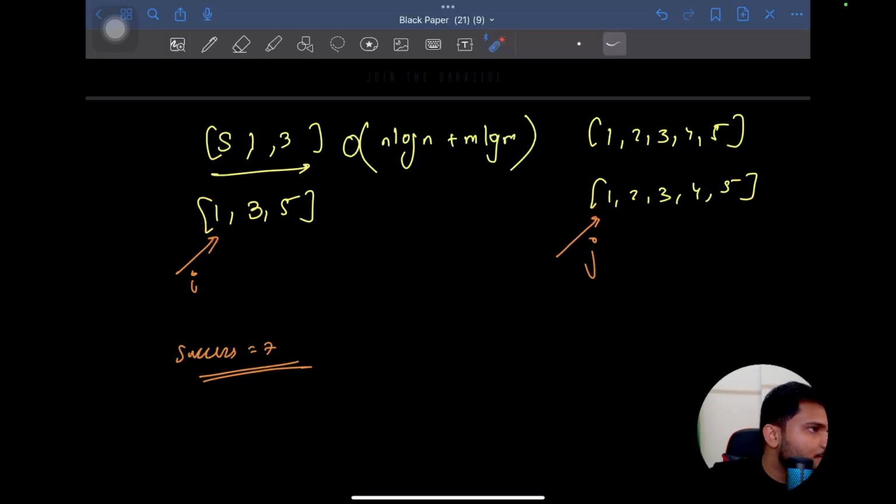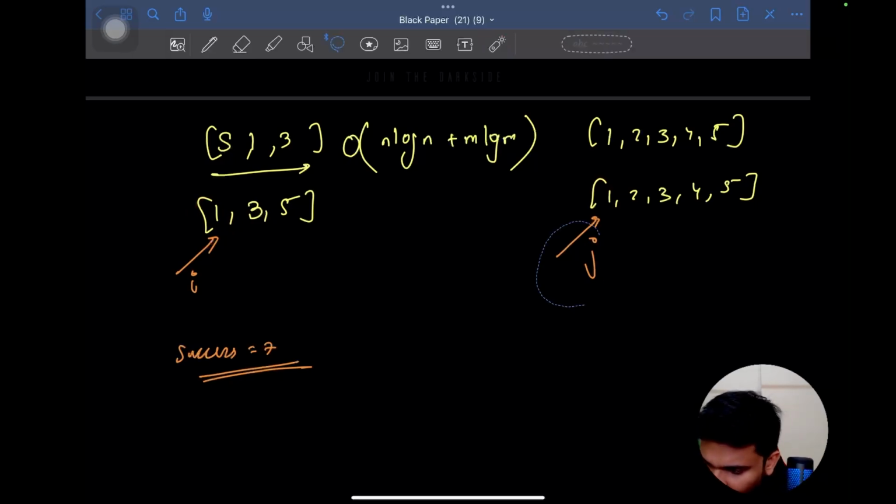Can I say that? Now, if that is the case, then what we have to figure out is that if this one cannot form a pair with this one, right?